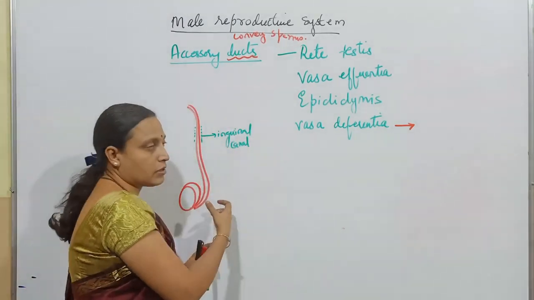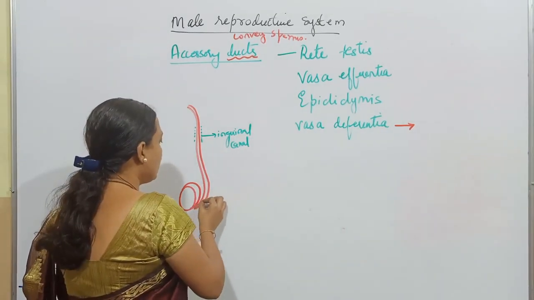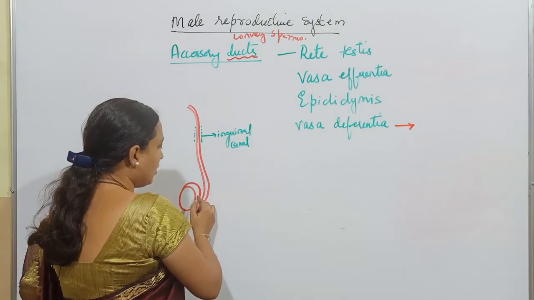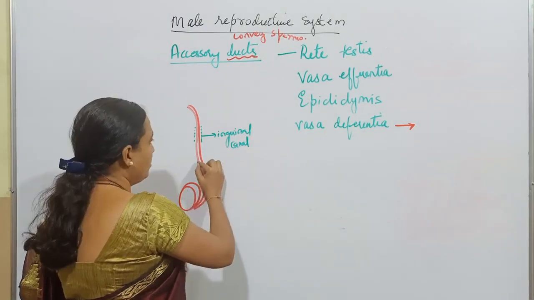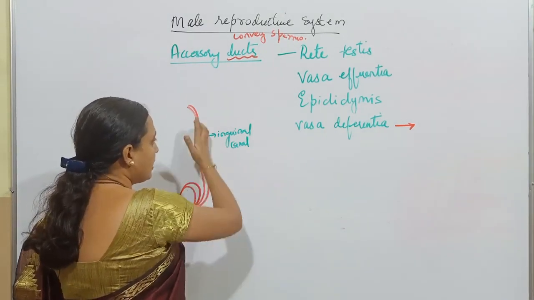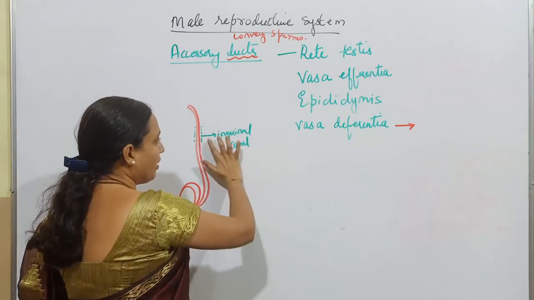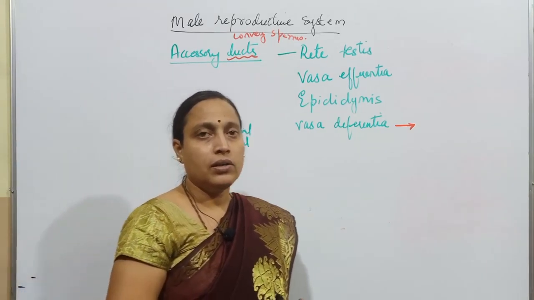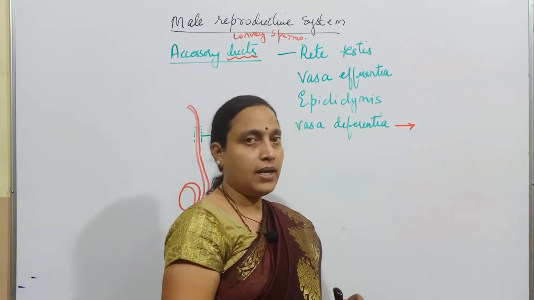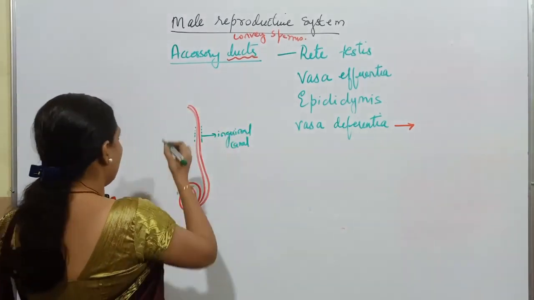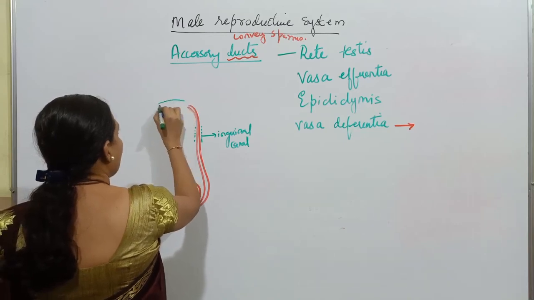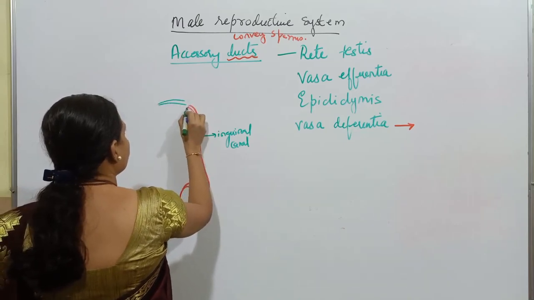It is supposed to be a long duct. So it will continue from epididymis, ascend up, cross the inguinal canal and then loop around urinary bladder. So it is going to loop around urinary bladder.